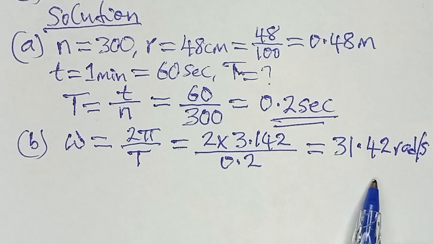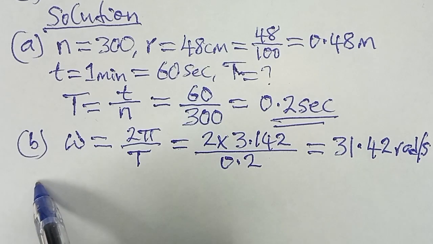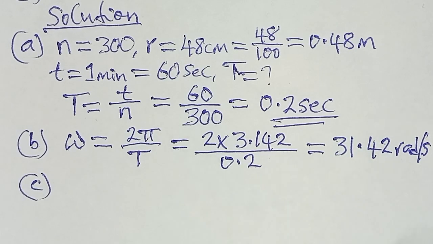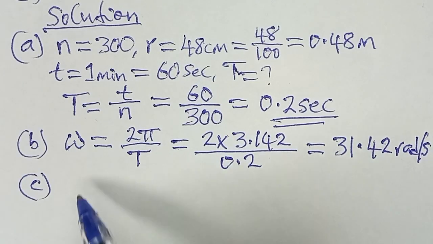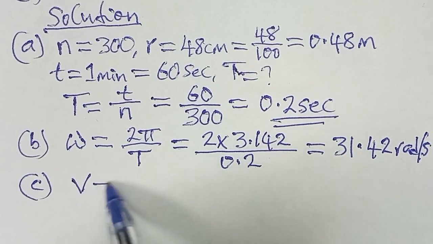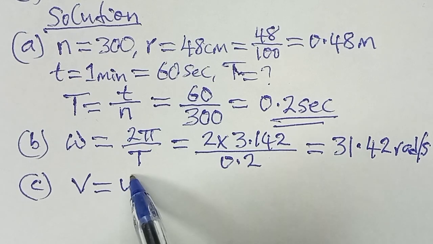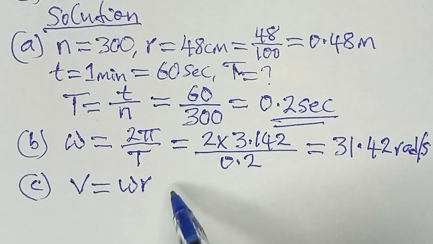Then now, the next thing that we have to calculate, that is question C now. We have to calculate the linear velocity. The formula for linear velocity, which is V, is equal to omega multiplied by r.